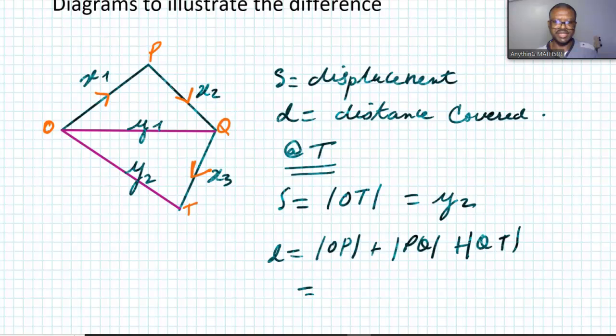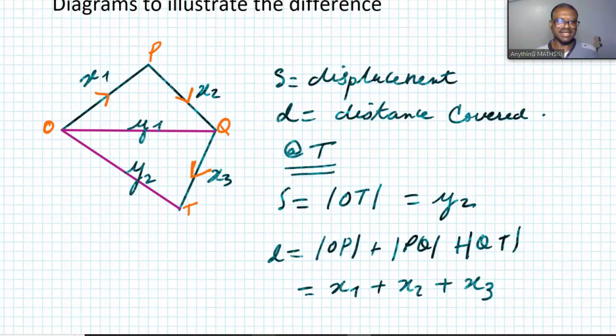If you do the substitution, you get x1 plus x2 plus x3. We can see a very great difference between the two at this point.